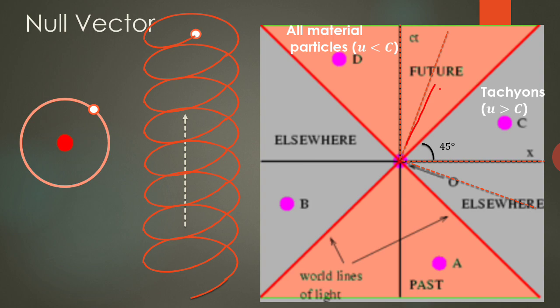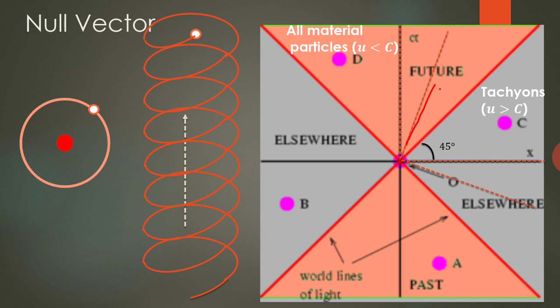Here my coordinate is in the direction of the vector. With that rotatory transformation or Lorentz transformation, I only need information about time.